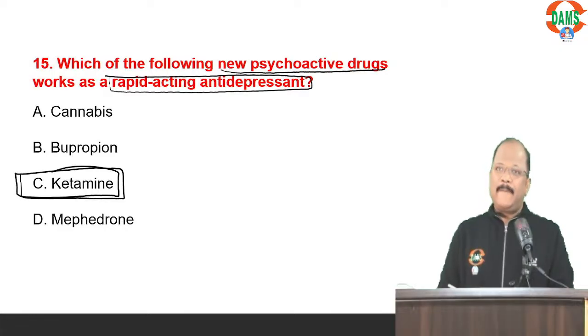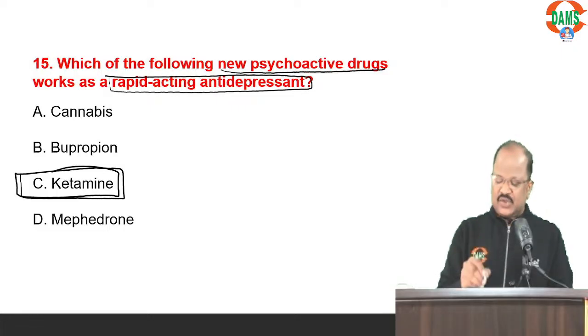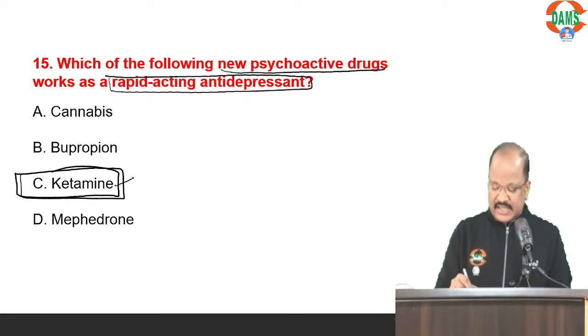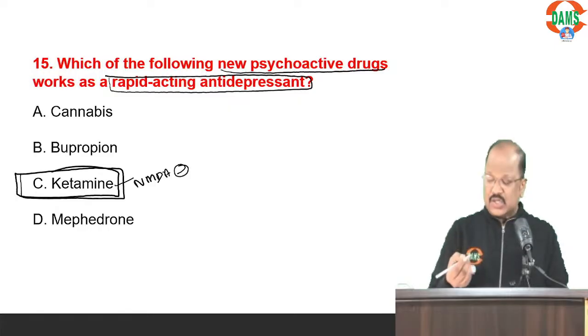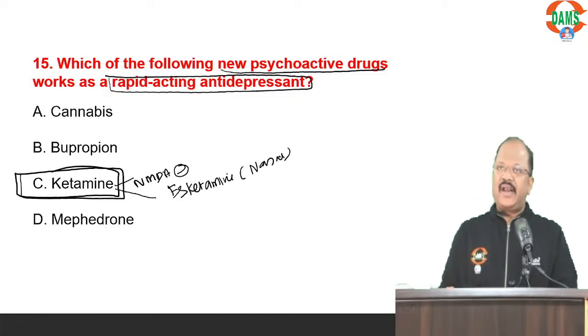Actually, you may have studied in our CNS class, it's actually a drug for anesthesia, but it has NMDA blocking property and is a psychoactive drug having antidepressant property. Especially we have one drug called S-ketamine, a ketamine derivative given as a nasal spray useful for treating depression.